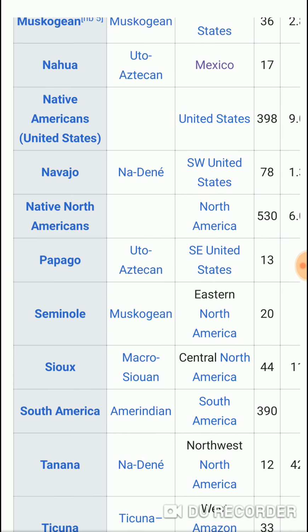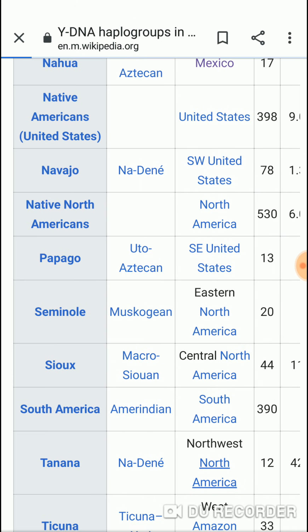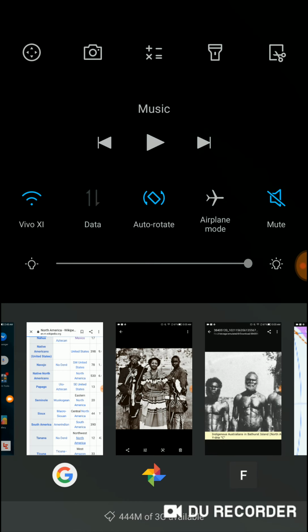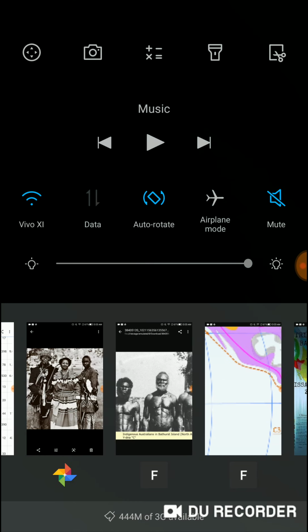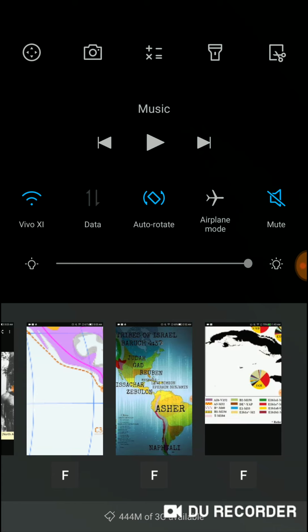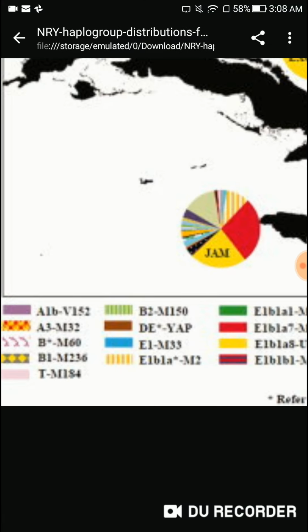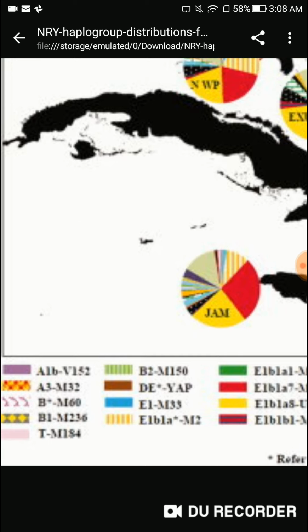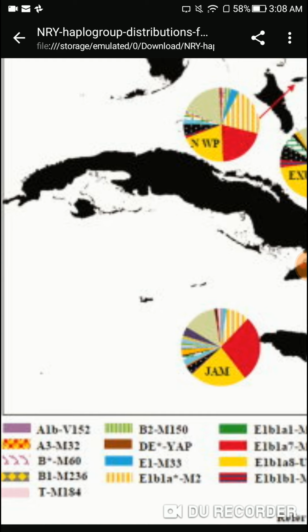So many of these Native American groups of people, many of them are other races of people. They are not Israelites.